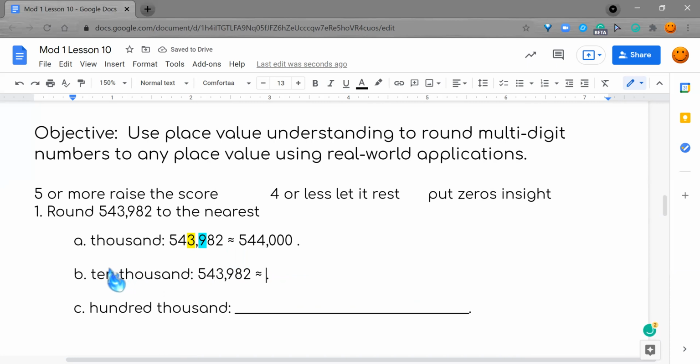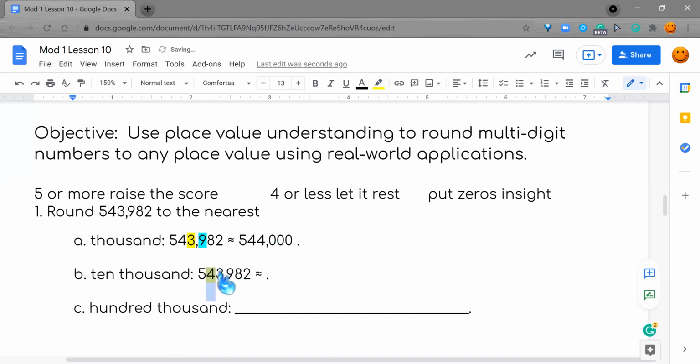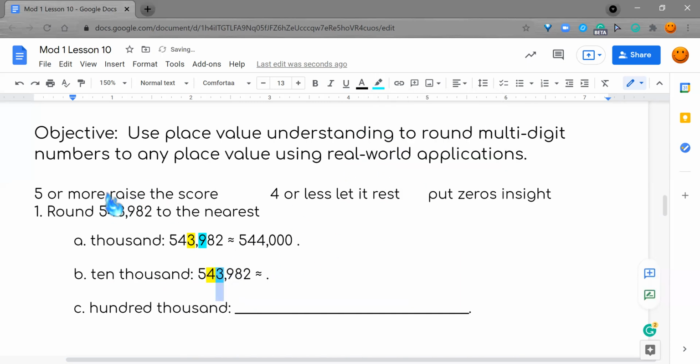And now I look at the next number. It said 10 thousands. So again, knowing my place value, ones, tens, hundreds, thousands, ten thousands, I can go ahead and highlight my ten thousands. And then I look exactly to the right, the number right before it, and highlight it because that's the one that's going to tell us if we're raising the score or letting it rest.